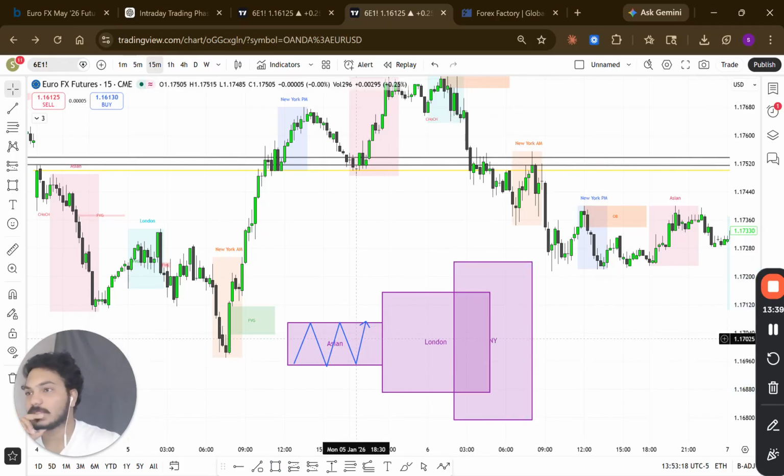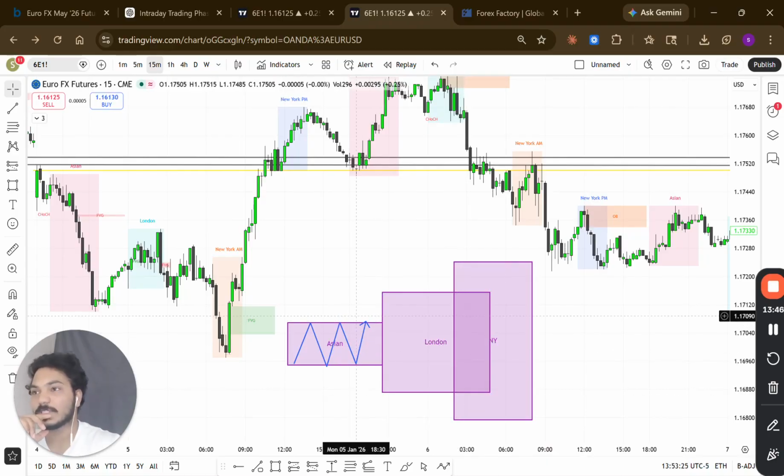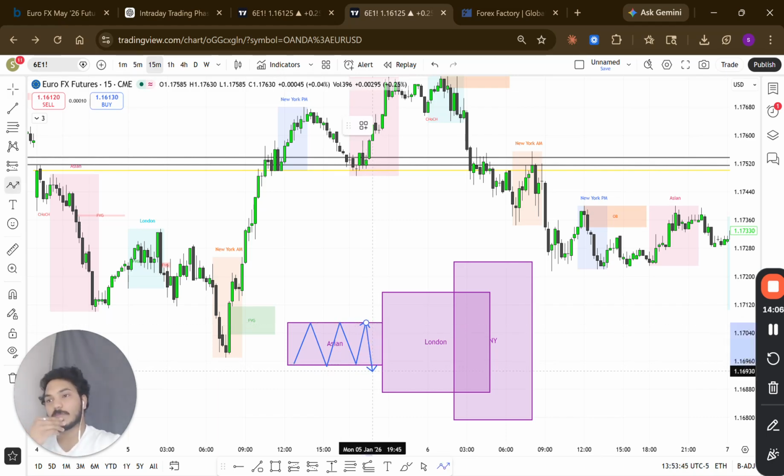If this is the Asian zone, there are buy stops above this and sell stops below this. I'm expecting, in a bearish condition, it to first take out this sell side. I'm expecting London to make a higher high or higher low.